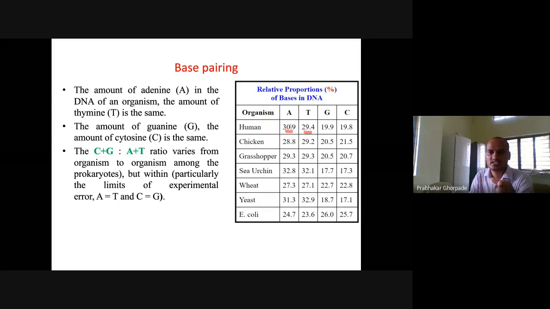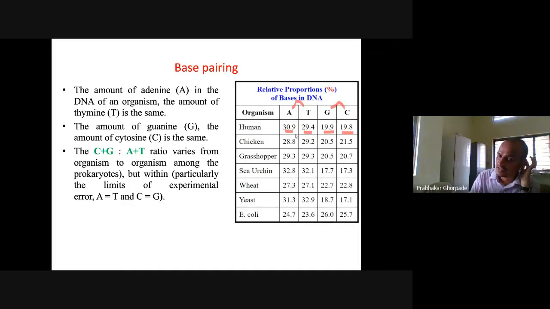Adenine and thymine, if you see, 30.9 and 29.4, are about the same. But if you see 30.9 and 19.9, this difference is large. But if you see guanine and cytosine, 19.9% guanine and 19.8% cytosine. So these two match, right?